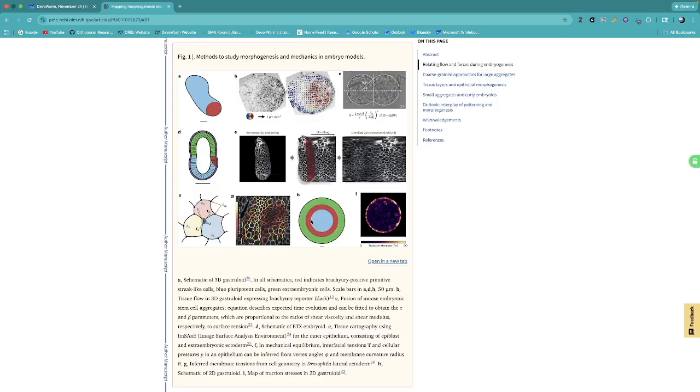H is the schematic of a 2D gastroloid, so another cartoon. And then the map of traction stresses in I of a 2D gastroloid. So we have the cartoon of a gastroloid here, and then this is the idealized one in H, and then this I is where we have the traction stresses in pascals, and we're measuring it. The colors are lighter is higher, darker is lower.